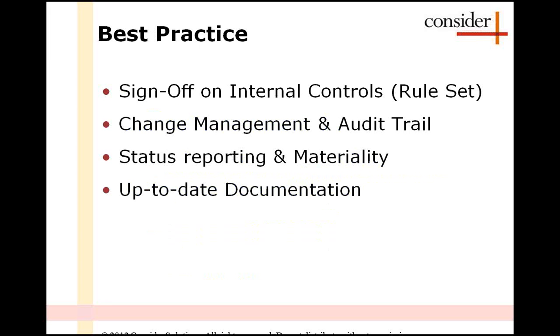And also from our experience, the best practice for avoiding audit findings is that you involve your auditor in the process of defining what the risk is, defining the internal controls in your organization, and also that you have a clean change management process and audit trail which you can present to the auditor, along with up-to-date documentation.